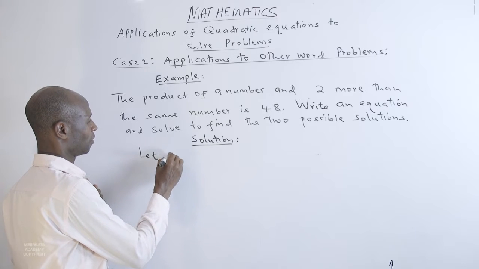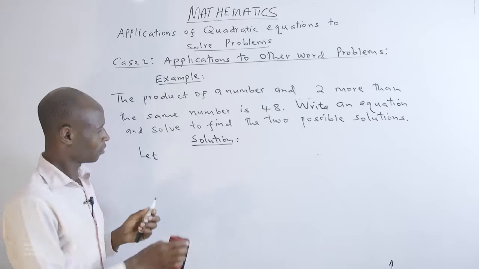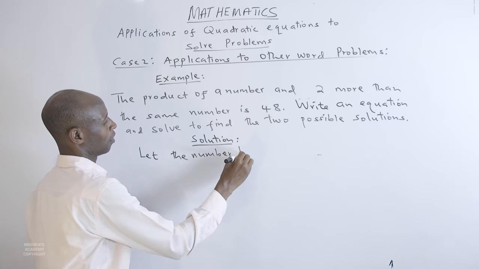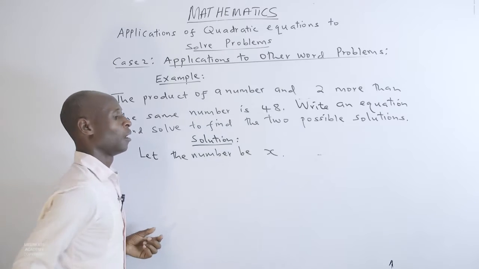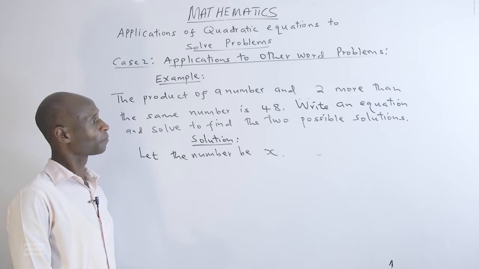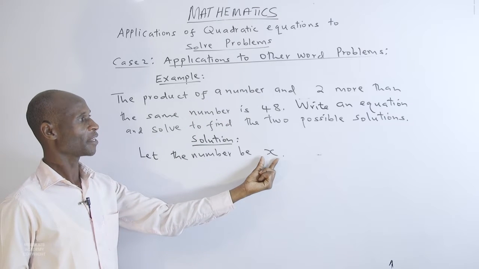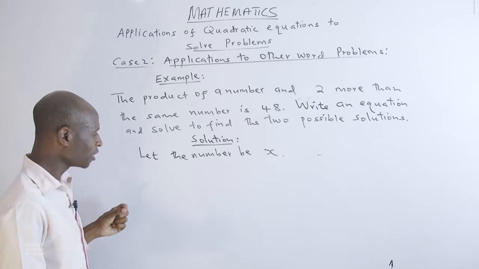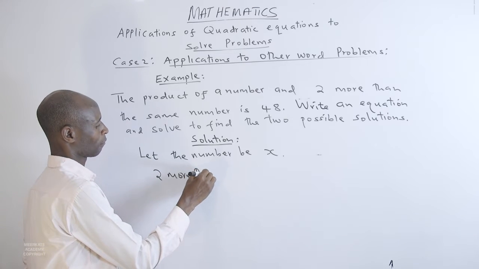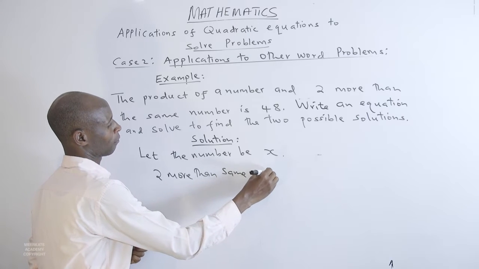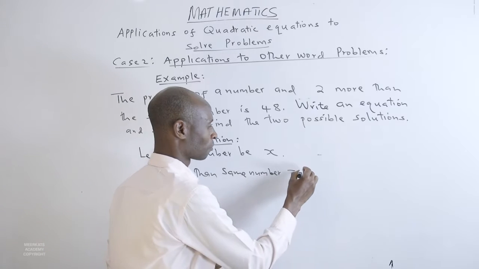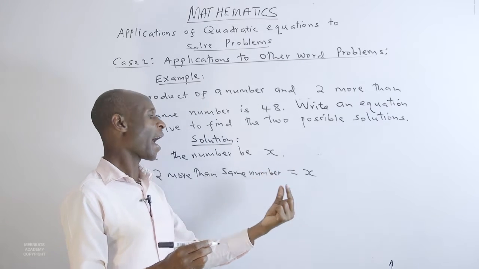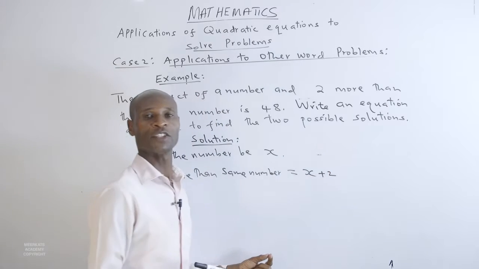So let the number be x. The product of a number and two more than the same number: if the number is x, then two more than the same number means we are adding 2, so x plus 2.